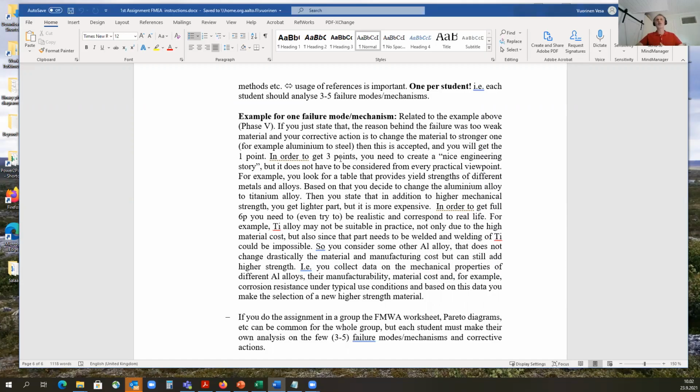If you want to get the full 6 points, you need to try to be realistic. So for example, from the cost point of view, maybe the titanium alloy is out of the practical possibilities. So you need to go to some different aluminum alloys.